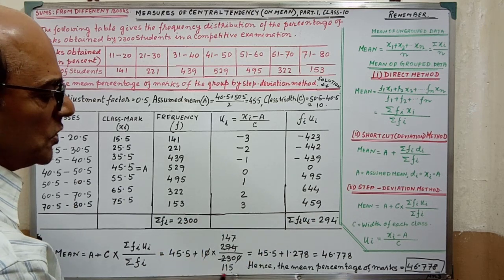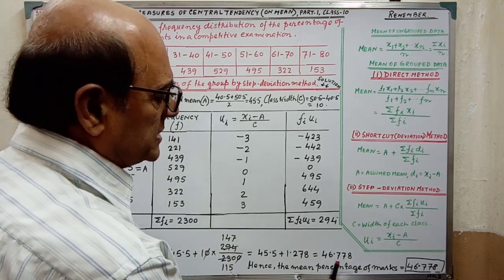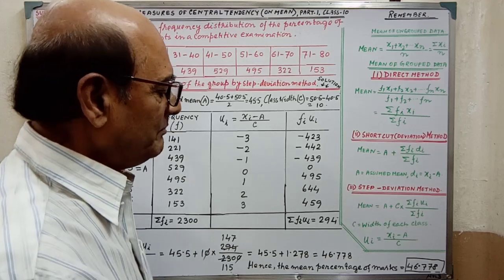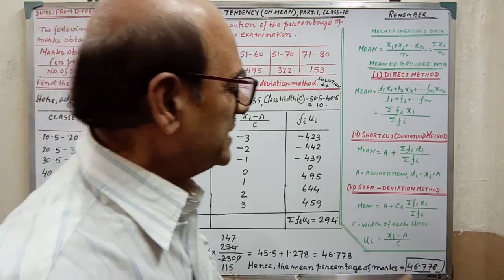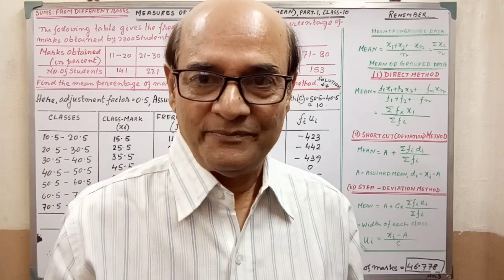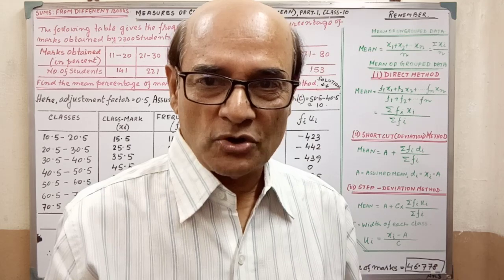After writing this, we have to simplify. By simplifying, we are getting 46.778. Hence, the mean percentage of the marks is 46.778.